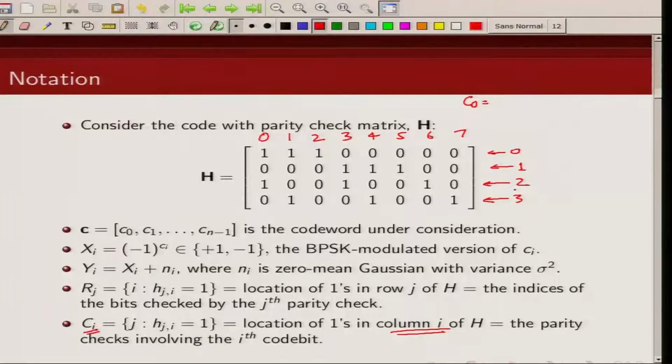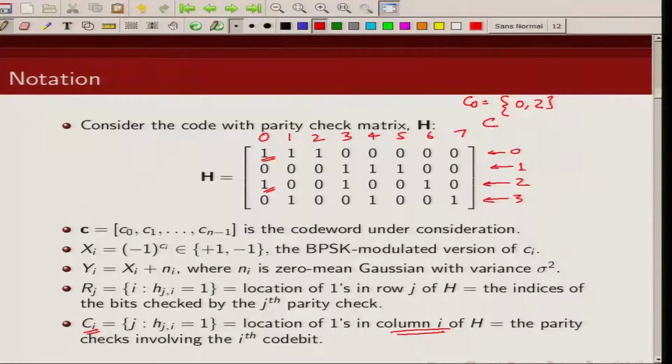If you look at column 0, you can see this bit is participating in the 0th parity check equation and the second parity check equation. So, C0 will be 0 and 2.